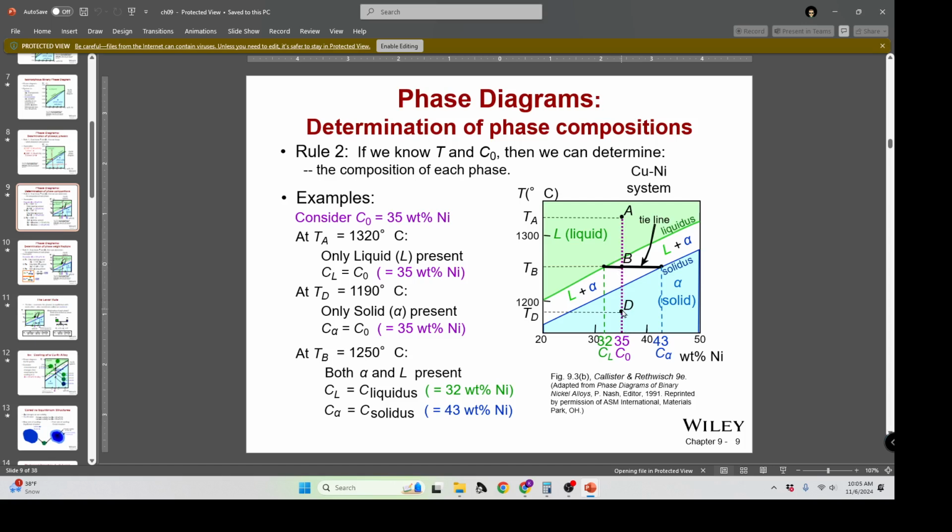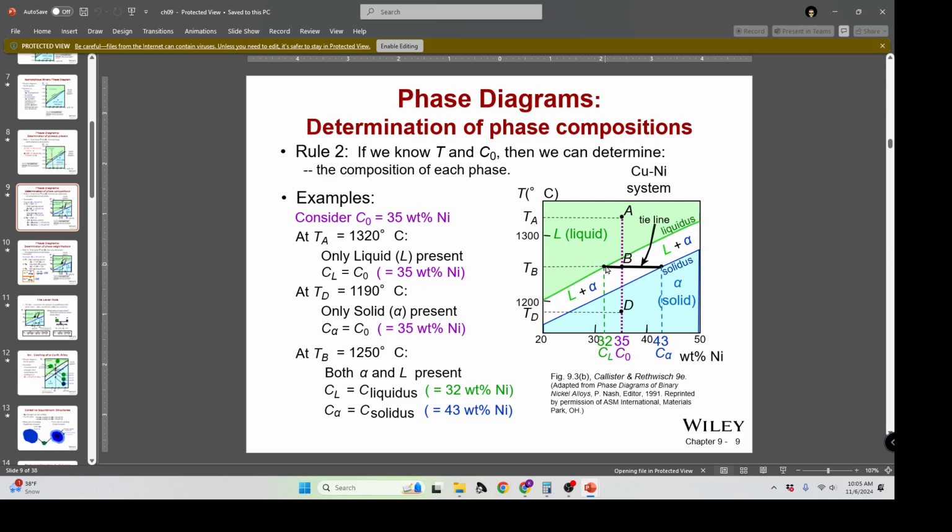So as you start at D, somewhere around 1190 C, as you heat up this 35% composition into the liquid plus alpha region, the two metals melt differently because they have different melting temperatures individually. So you shouldn't expect them to just have one melting temperature. You should expect the composition to be different.